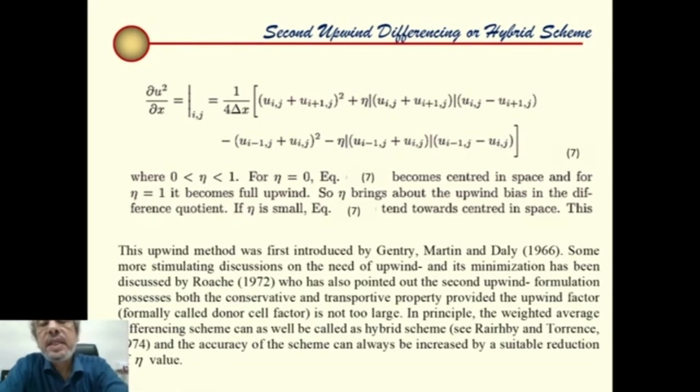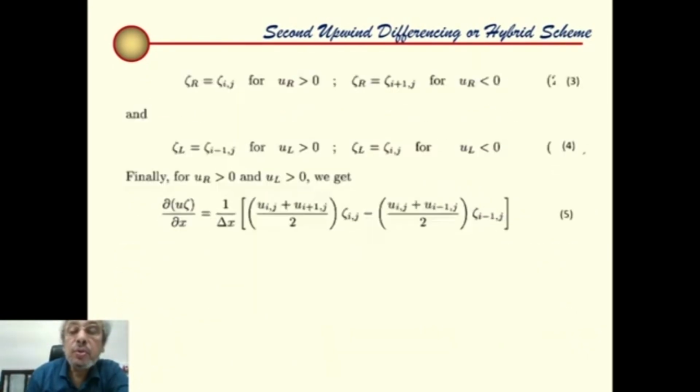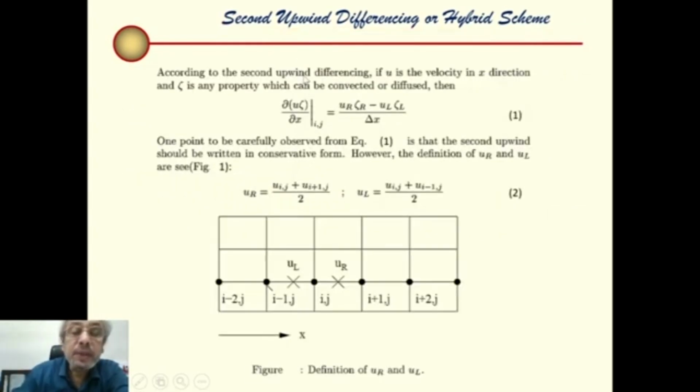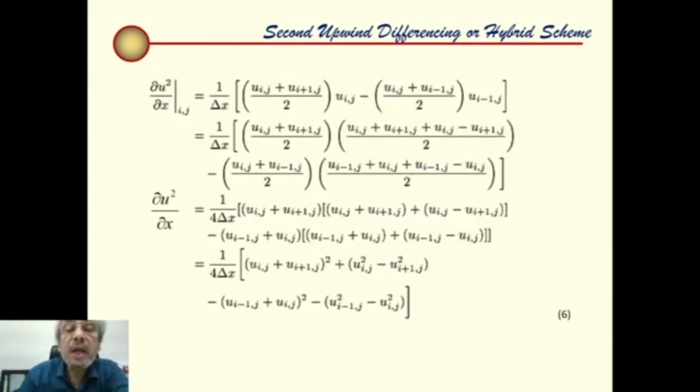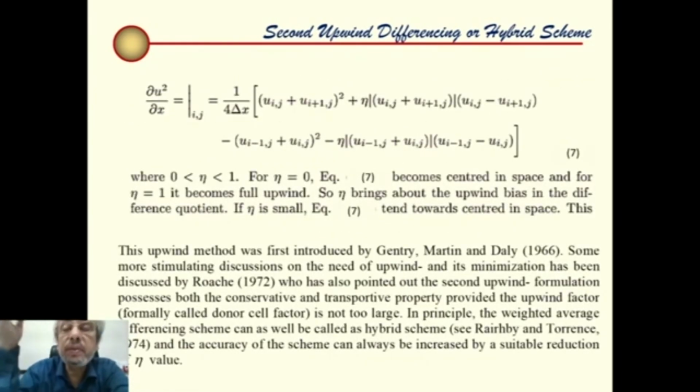Now this eta and modulus sign, they have their own role. Modulus sign has been put to make this equation free of this bias, because we started with ur greater than 0, ul greater than 0. So this can be greater than 0, this can be less than 0. Both can be locally positive or locally negative.